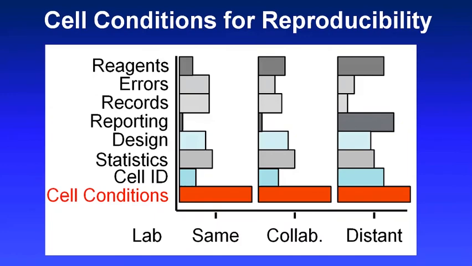And those things change and come into play to different extents, whether it's one lab trying to reproduce their own experiments, whether it's a collaborator down the hall trying to reproduce your experiments, or whether it's someone halfway around the planet picking up a publication and trying to reproduce your experiments. But there's one factor that goes into every single cell-based process or assay anywhere on the planet, and that's the conditions for the cells, and this is key to every single one.